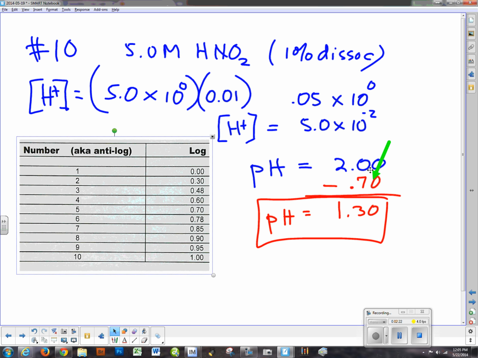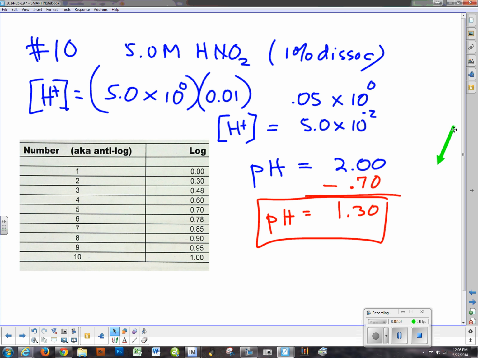And 0.7 is coming because we're taking the negative log of 5, which is the other part of the hydrogen ion concentration. And so the 5 becomes 0.7, and we have to add those. And again, because this is a minus log that we did, we had to change the sign. And so now we just add the two logarithms up.